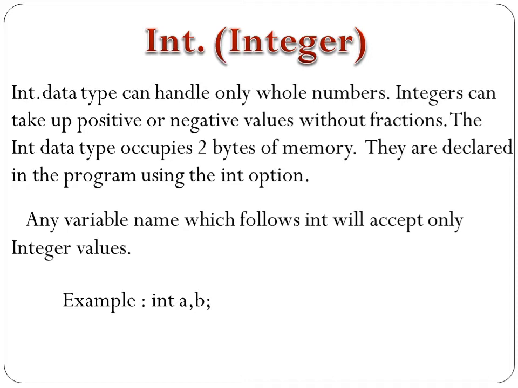Any variable name which follows int will accept only integer values. Here from this example int a, b, we can understand that a and b are the variables which are used to store the values of whole numbers, that is called as integers, which are of positive or negative without fractions.